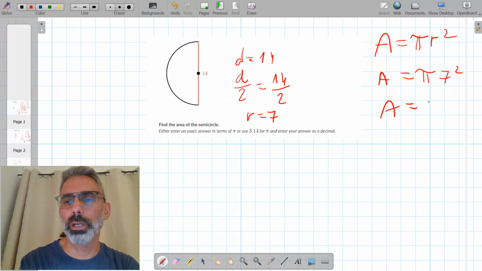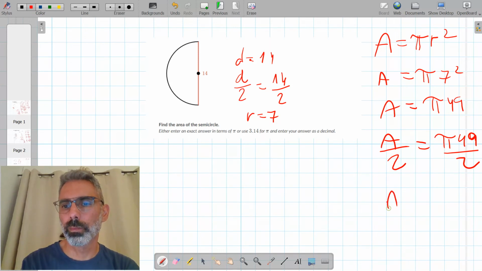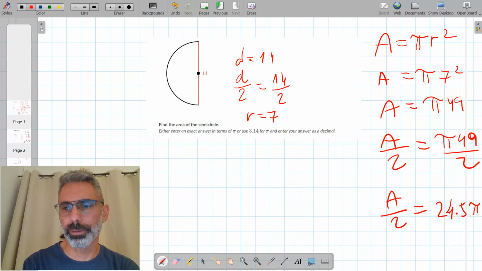So the entire area is pi times 49 or 49 pi. So half the area, 49 divided by 2 is 24.5, 24.5 pi.